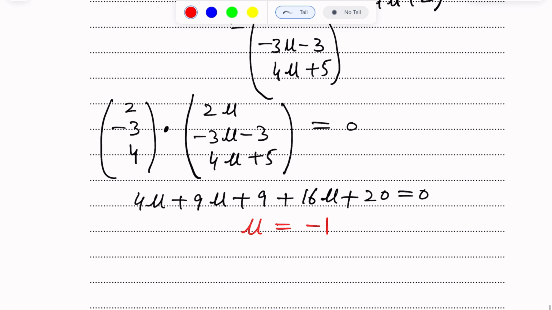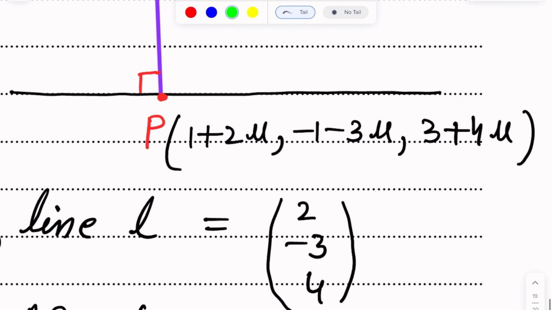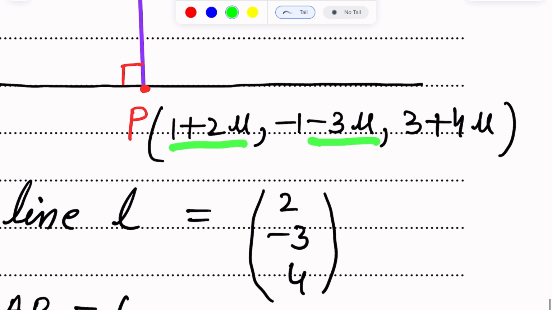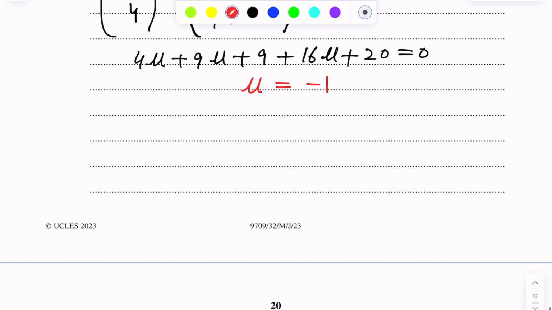We have found the value of mu. Now we will put this value of mu here to find the coordinates of this point P. Putting in the value of mu: x coordinate 1 plus 2 into minus 1, y coordinate minus 1 minus 3 into minus 1, and z coordinate 3 plus 4 into minus 1.